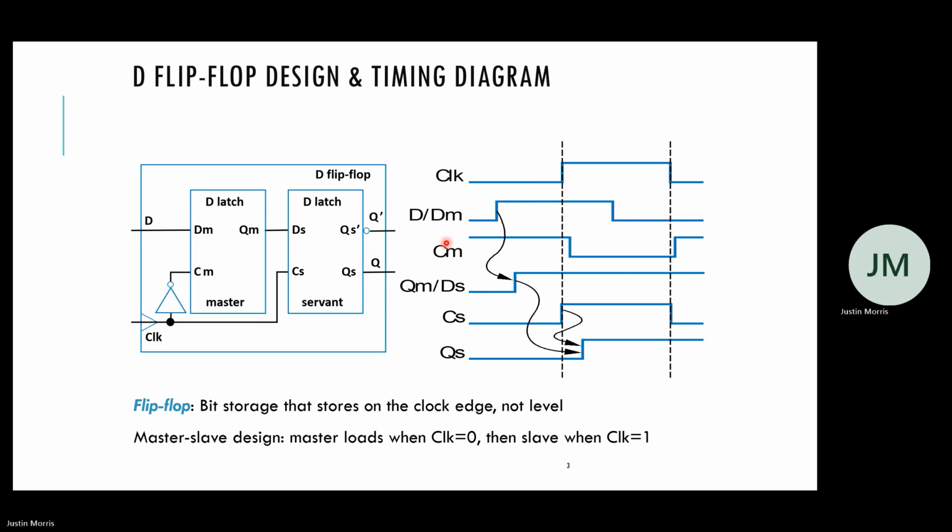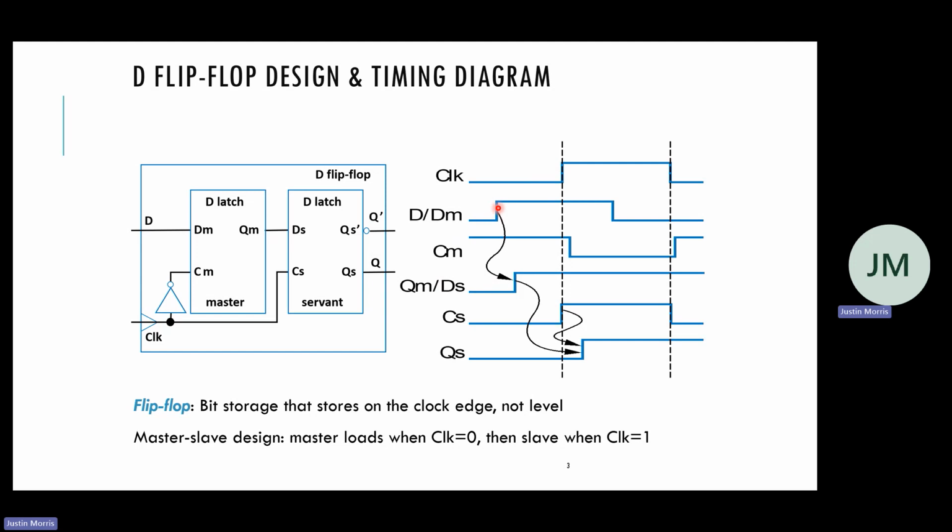The other thing about when the clock is low is that this first latch has an inverted clock, so this first latch is enabled when the clock is low. When D changes, the first latch allows D to flow through to Q. That's what this is here.